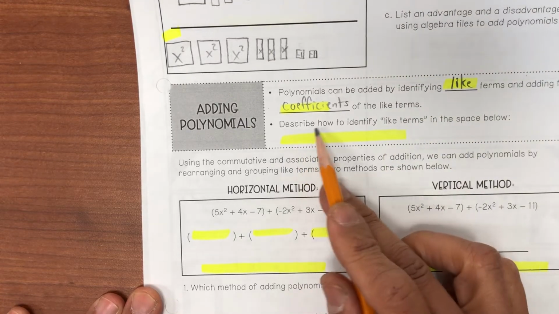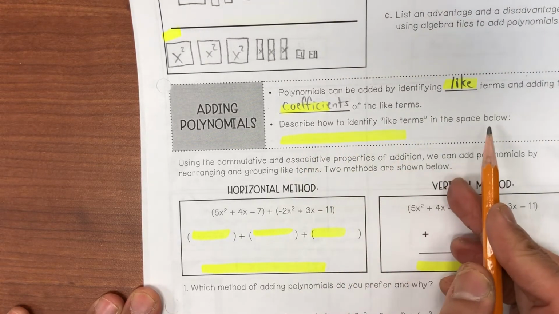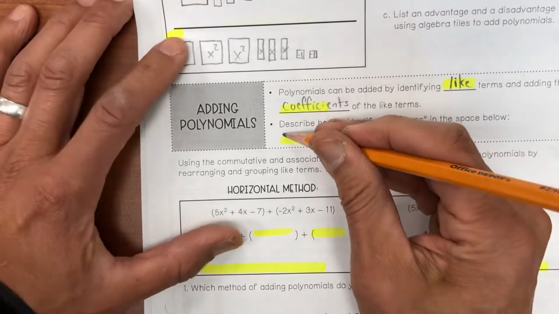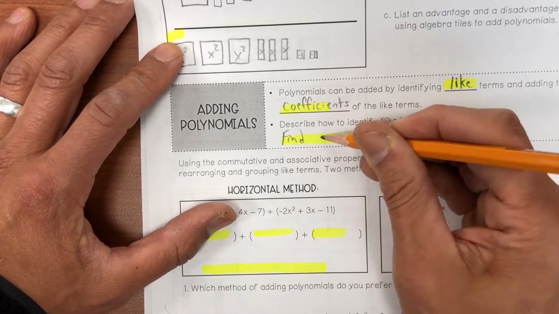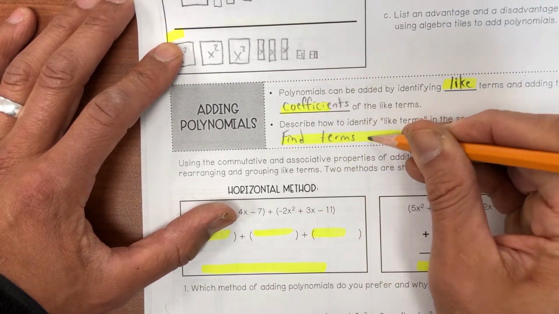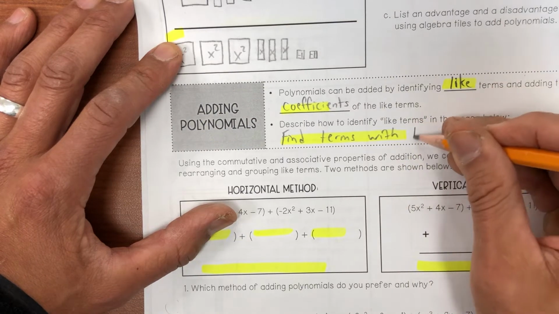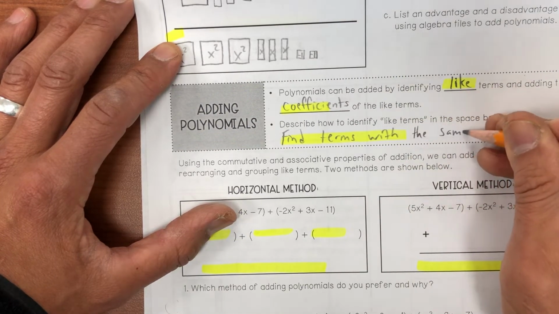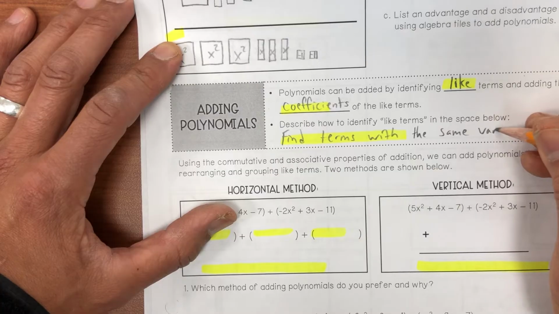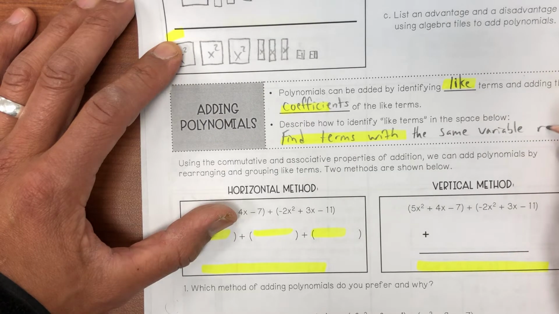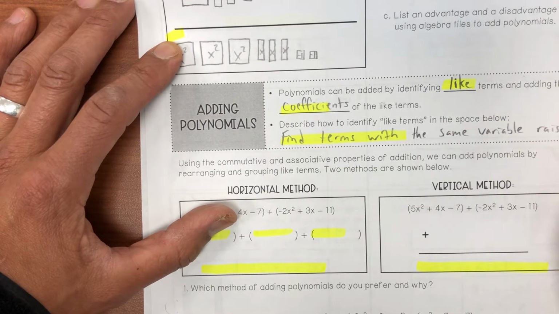Coefficients. Describe how to identify like terms in the space below. Okay, you find terms with the same variable or the same base, same variable raised to the same power.